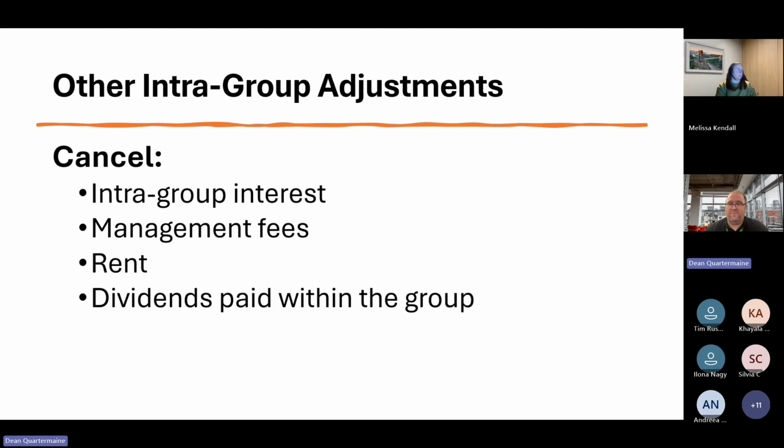You own at least a share of that subsidiary, so you're going to strip the effects of that out. And then dividends that are received or paid within a group are not group income. So again, you should be stripping that out and cancelling the effects of dividends paid within the group.